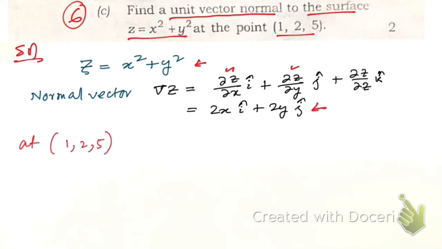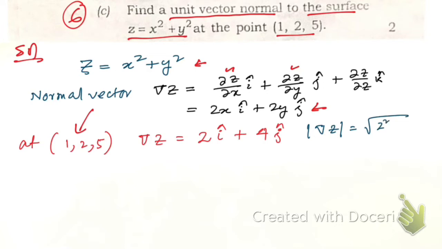At this point, this vector becomes equal to twice i cap, putting x equal to 1, then 4 j cap, putting y equal to 2. We have got this. So this is the normal vector at this point. Now for the unit normal vector, let's find the magnitude of this vector.